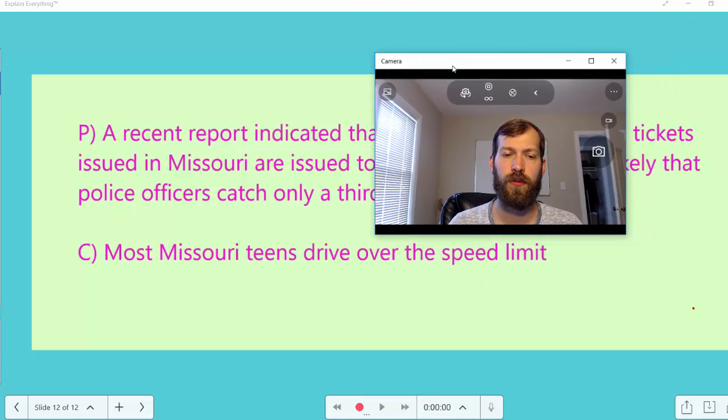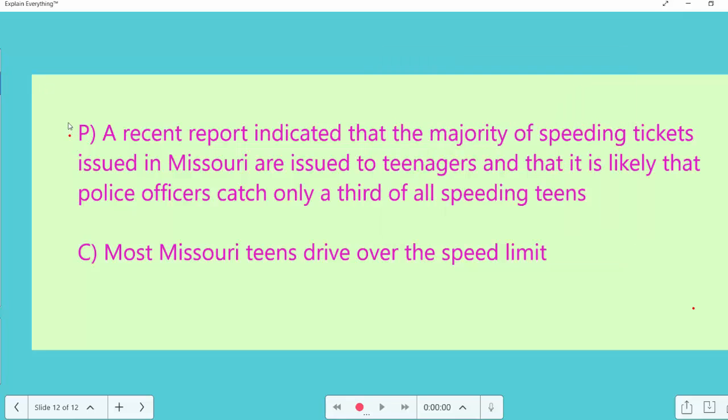As a result, most Missouri teens drive over the speed limit. So from our first premise, this argument purports it's more likely than not that most Missouri teens drive over the speed limit. Let me just stipulate that this is true. I don't know whether it's true or not, but let's say in reality it is in fact true.